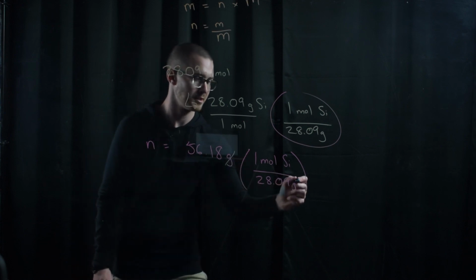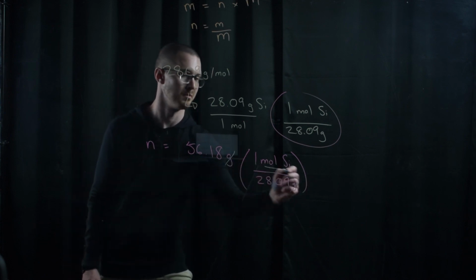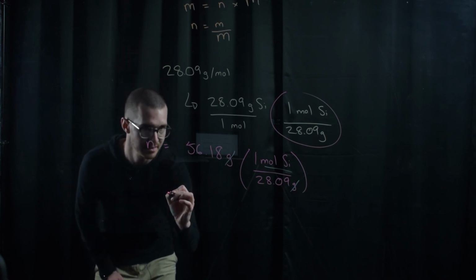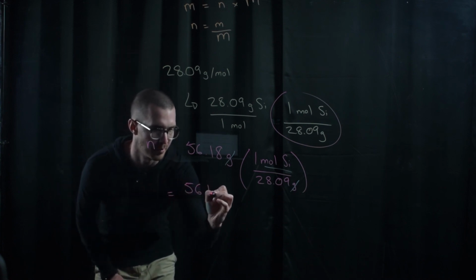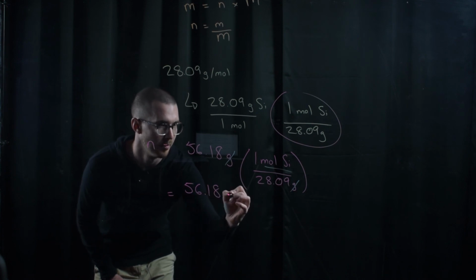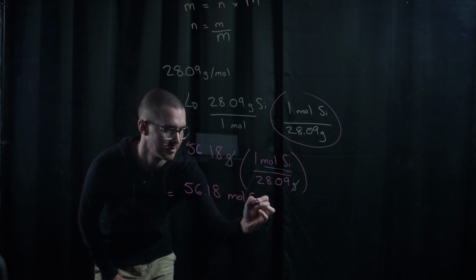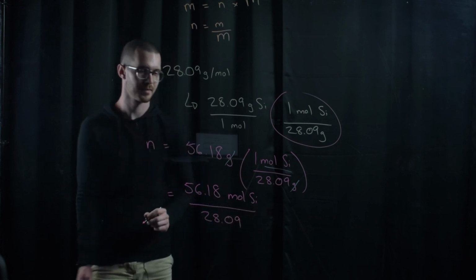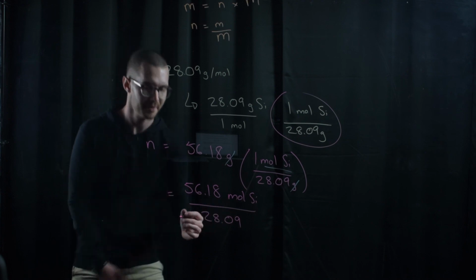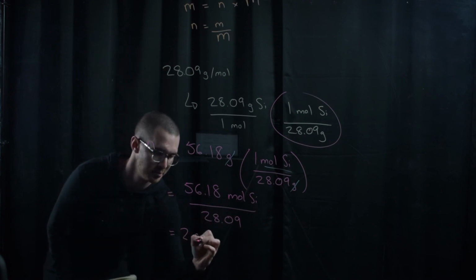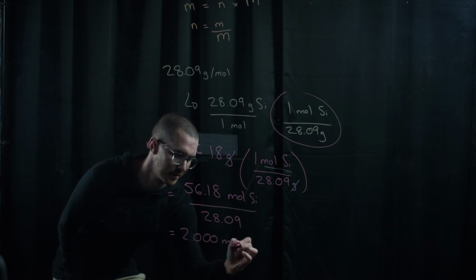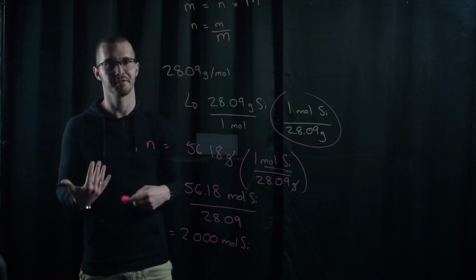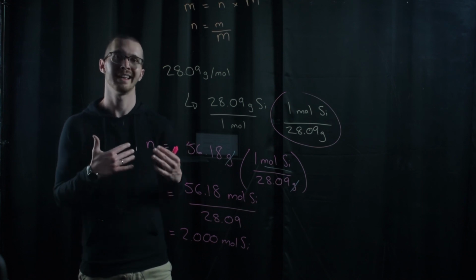Here my grams are going to cancel out and I'm going to be left with just moles of silicon. And my answer is going to be 56.18 moles of silicon over 28.09. Now I can simply divide and I find that my answer is 2.000 moles of silicon. And this is, like I said, using that unit conversion method, which will be very helpful in later questions.